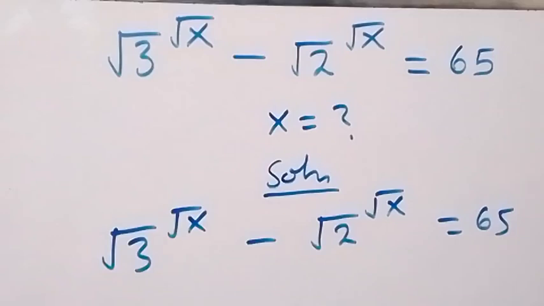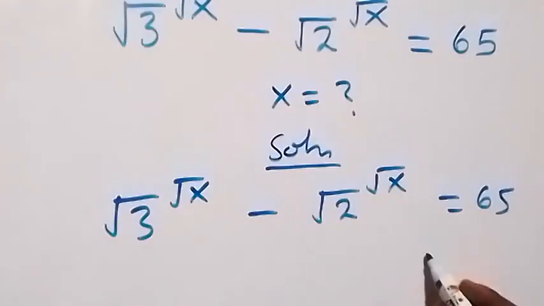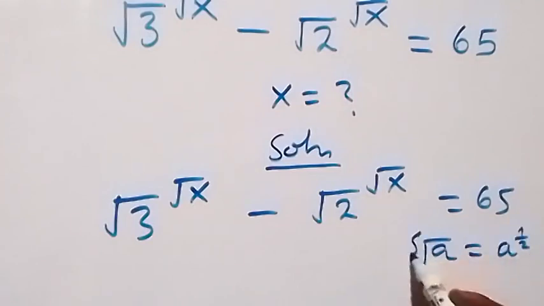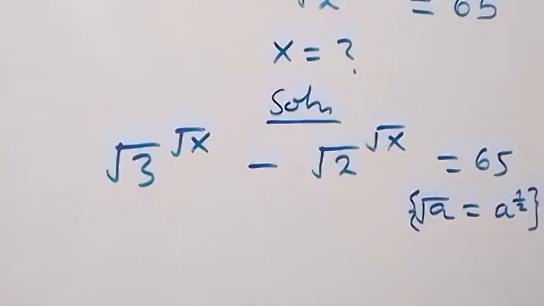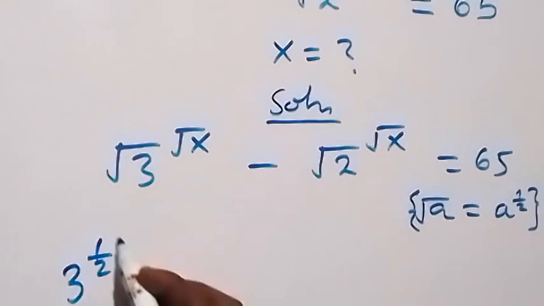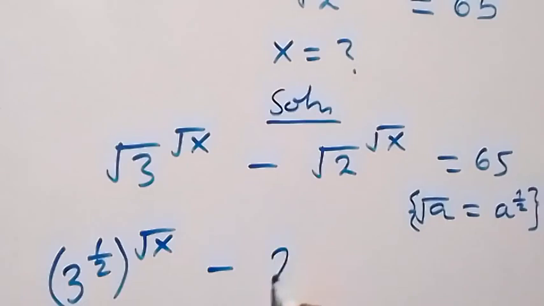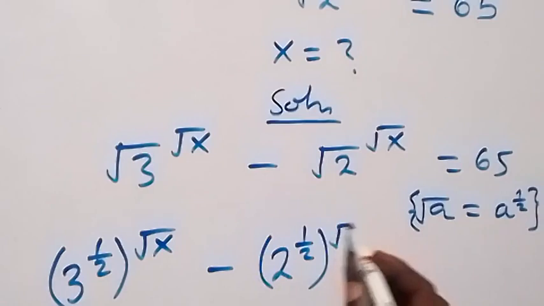Here we can recall that root a can be written as a raised to power half. Then it implies that we can write this as root 3 will become 3 raised to power half, then raised to power root x, then minus 2 raised to power half, then raised to power root x, then equals to 65.